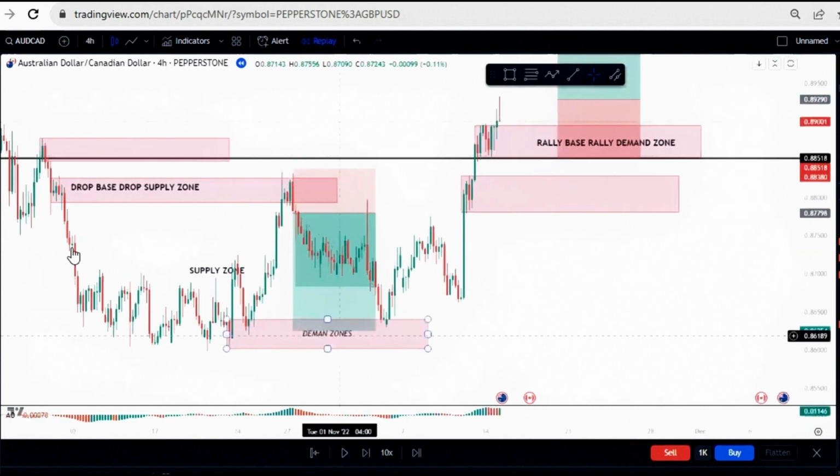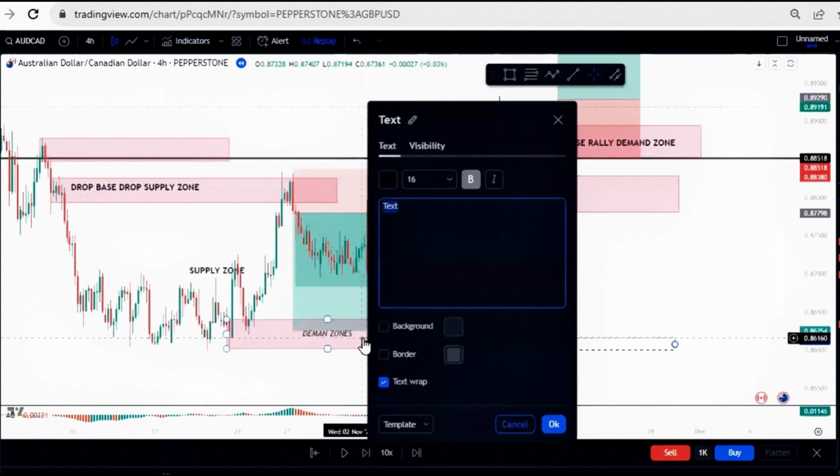So here, this is also a drop base rally demand zone.